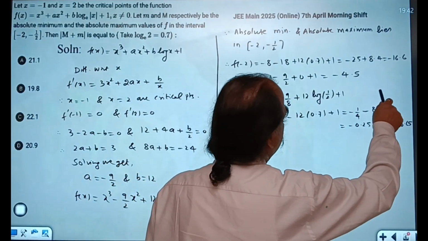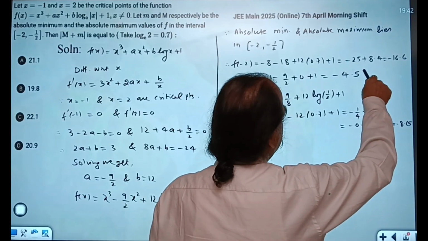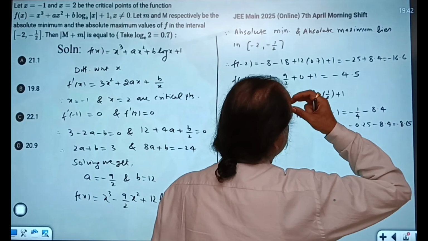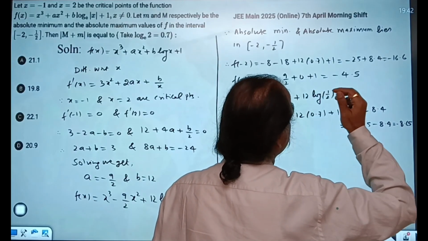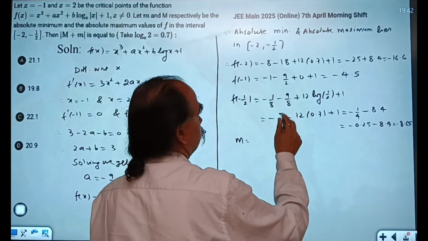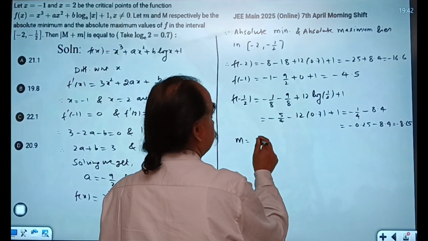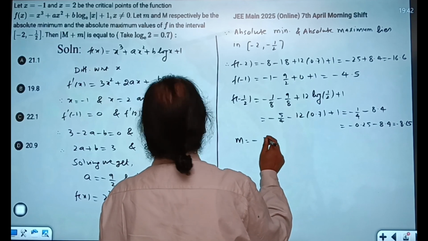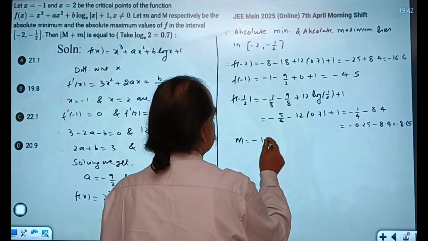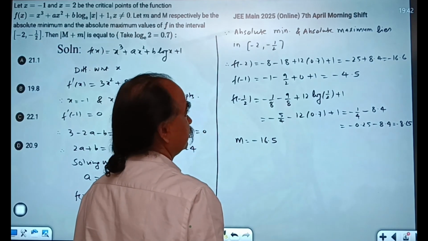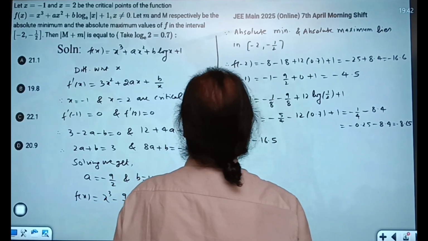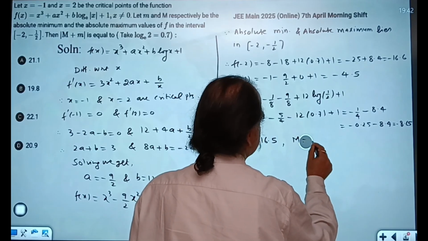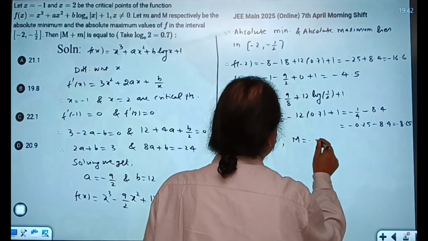The absolute minimum will be minus 16.5, and the absolute maximum is capital N, minus 4.5.